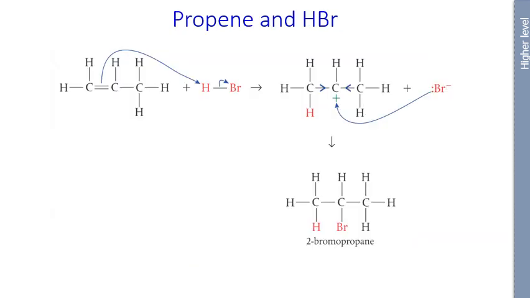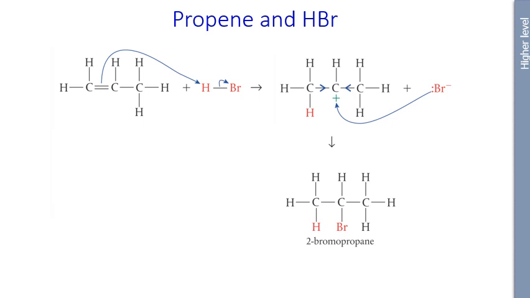So let's look at the example of propene and HBr to illustrate Markovnikov's rule. Markovnikov's rule states that the hydrogen atom will preferably bond to the carbon atom of the alkene that is already bonded to the largest number of hydrogen substituents.